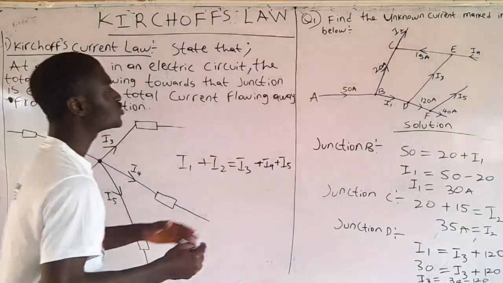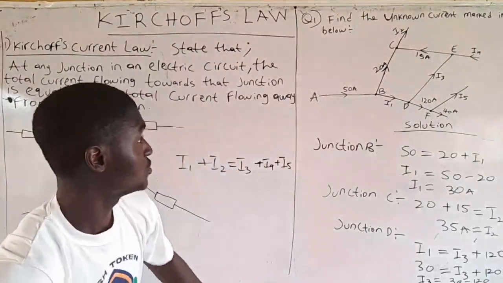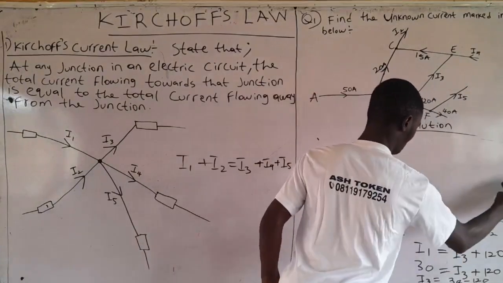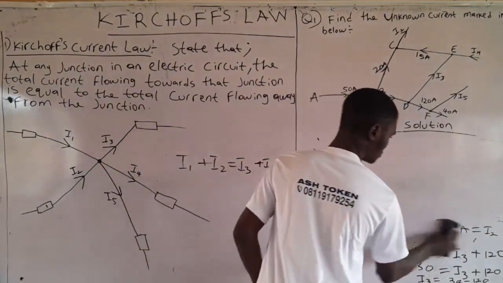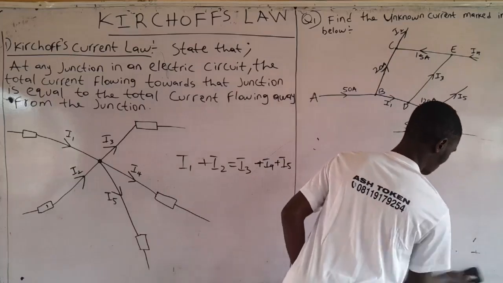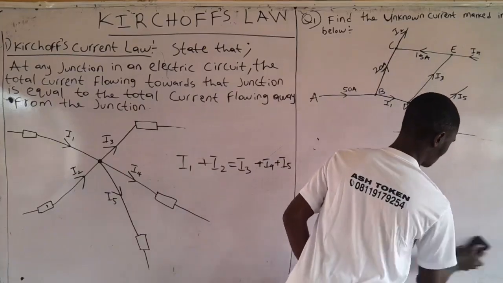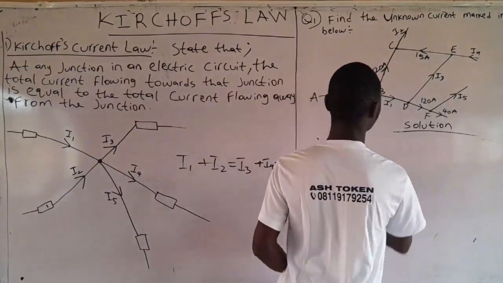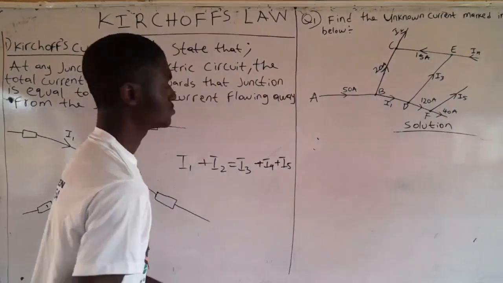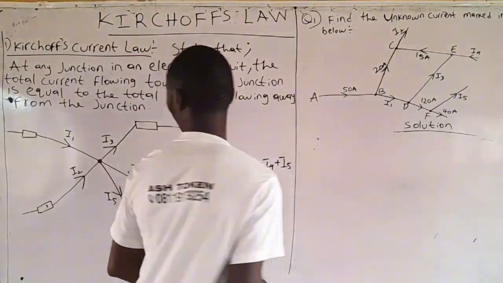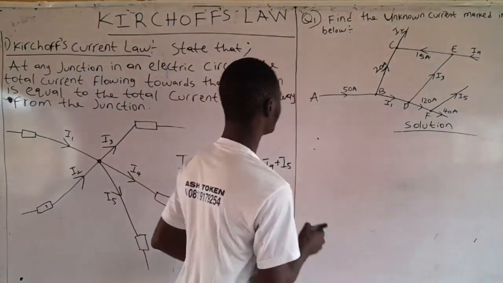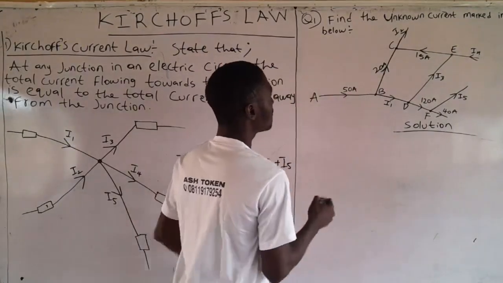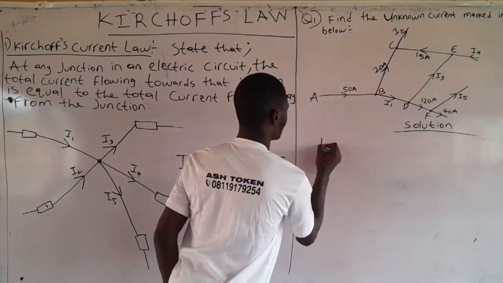So, move on to junction E. Let's put it over the board. For junction E, we have I3 entering the junction.